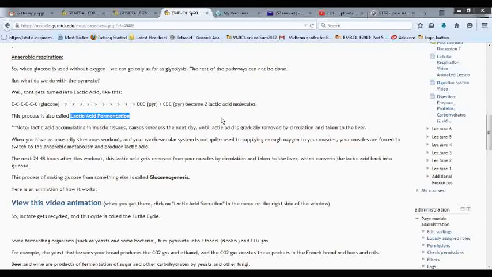Lactic acid fermentation. Have you ever had a really strenuous workout, a kind of workout that you didn't do before, or you worked a different muscle group this time that you didn't work very much before? Well, the next day you're probably going to feel sore. Your muscles are going to feel sore.